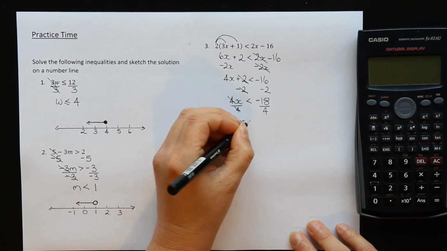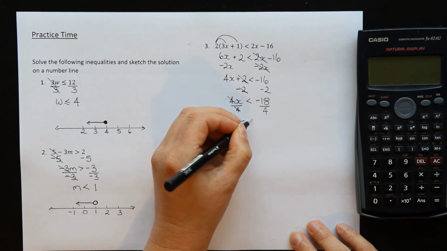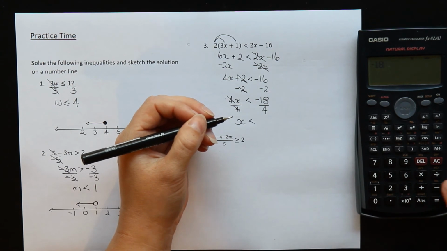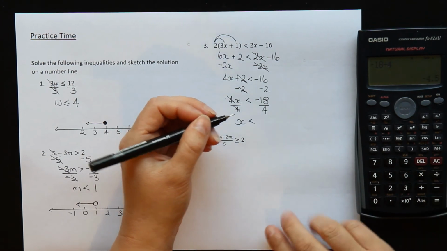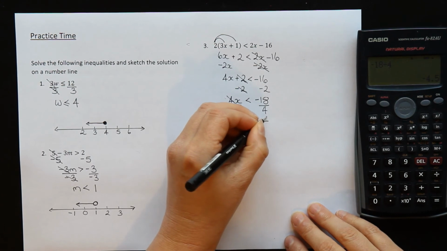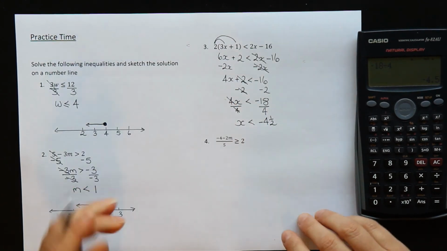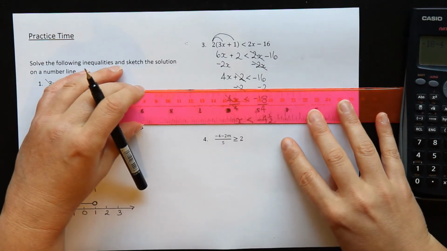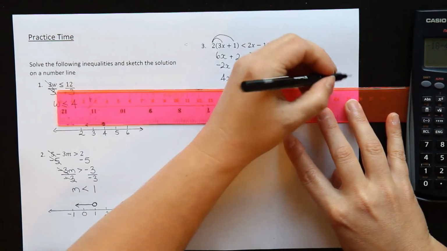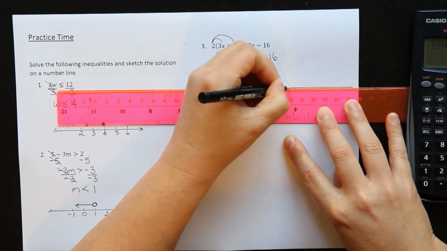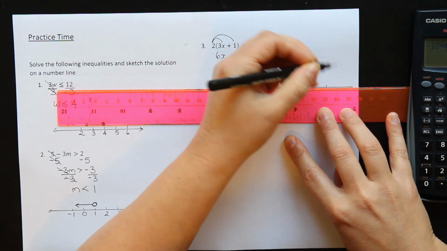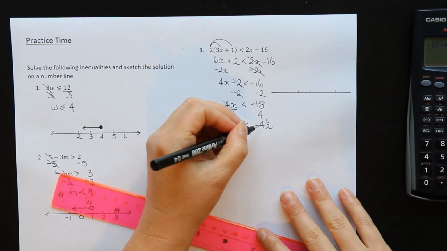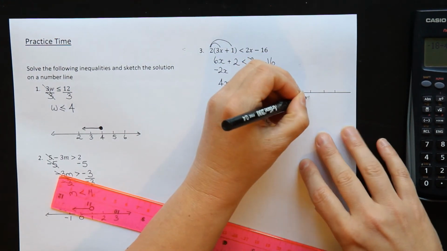So that actually doesn't go evenly, as you probably noticed. So you might want to go minus 18 divided by 4 gives us minus 4.5. So on the number line you have a few choices with this. The more accurate option is to put your solution in the middle, so minus 4.5.